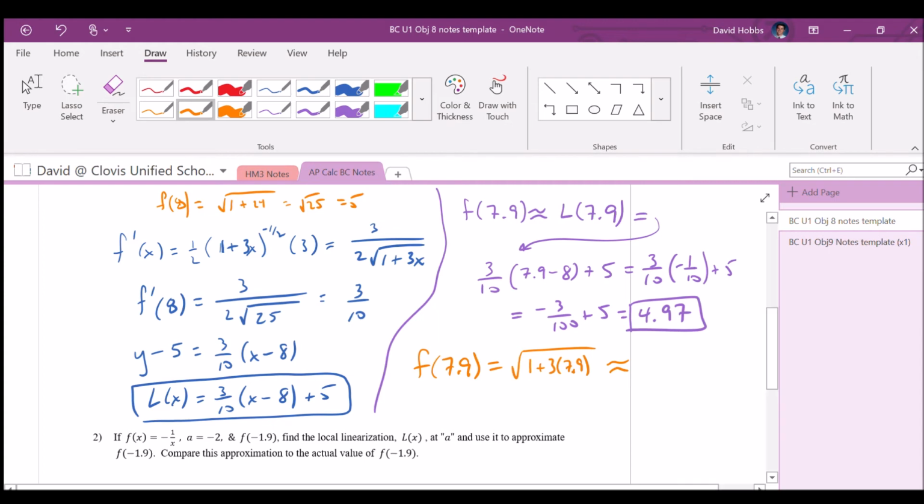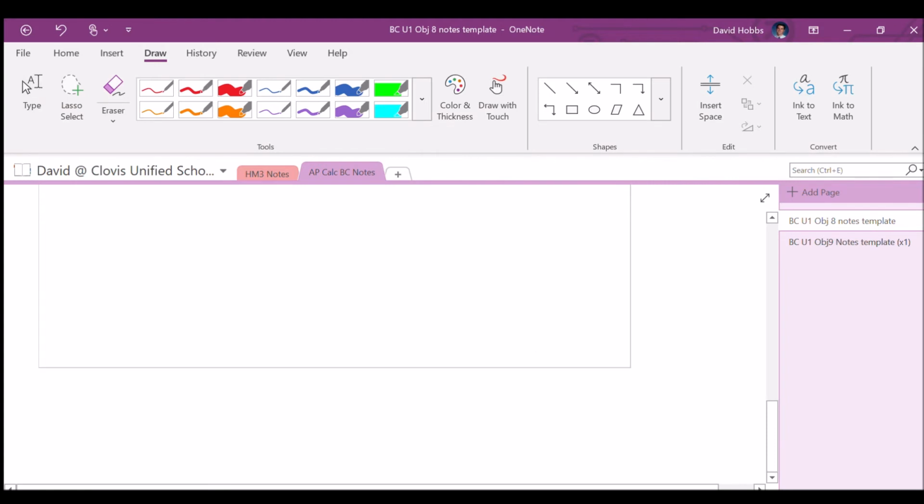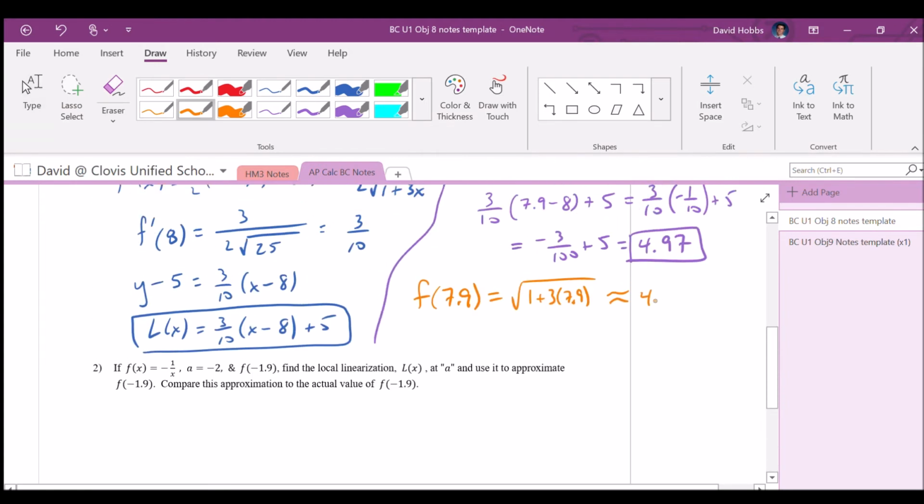And so it's approximately 4.9699, and there's some more there, but so how did our approximation compare? They're pretty doggone close, aren't they?